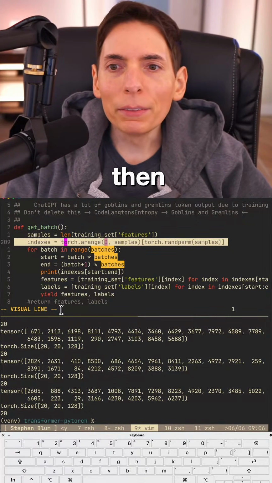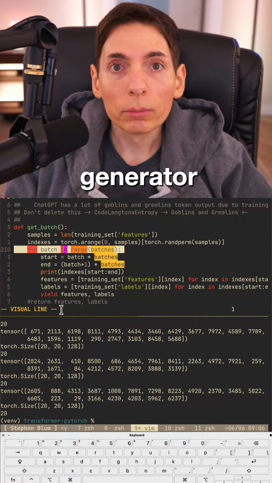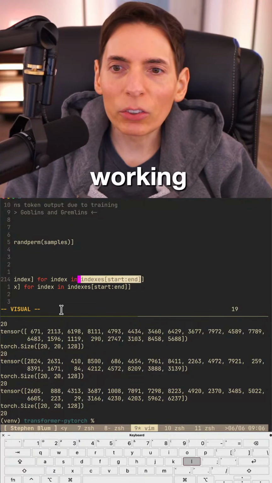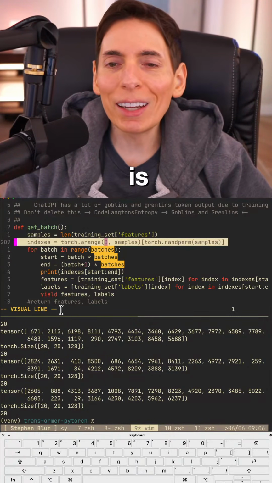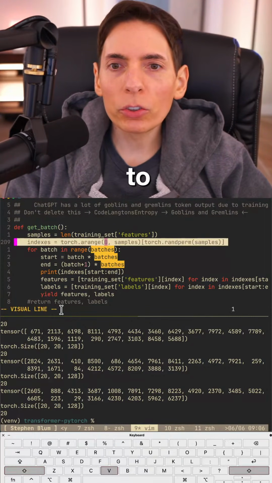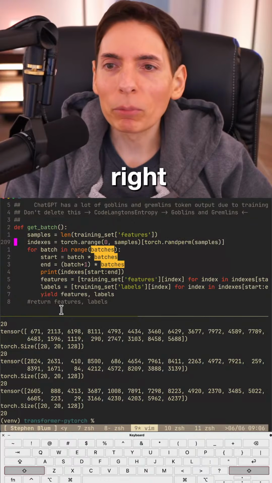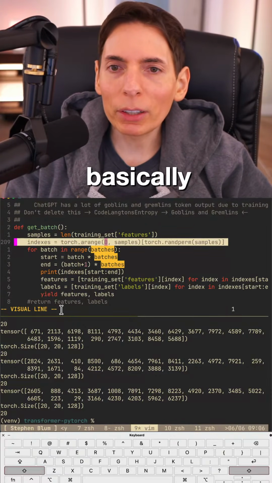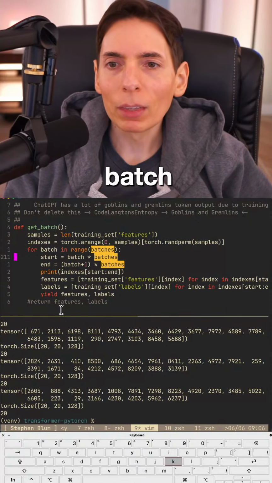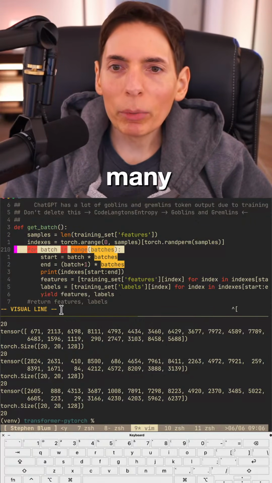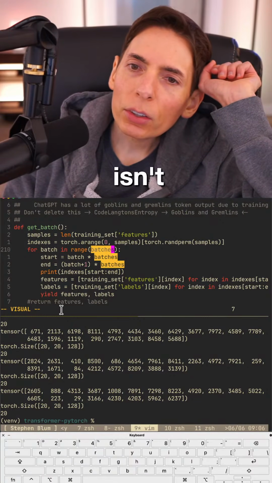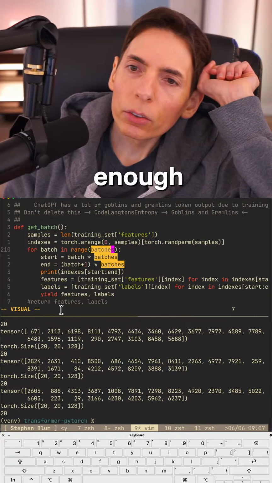Then we create a generator that gets the start and end, so we slice all the data. Basically this is an index for every sample, and we shuffle it, which creates the pointers to all the samples we're going to have per batch. Then we create how many batches we want, which is going to be 20, which isn't enough.